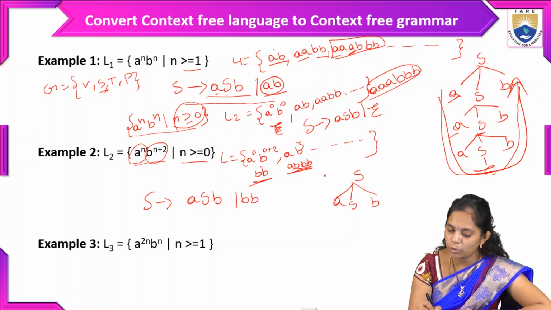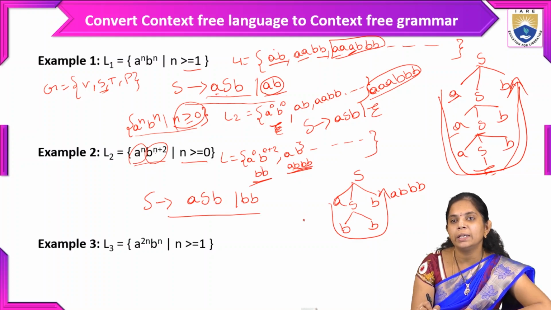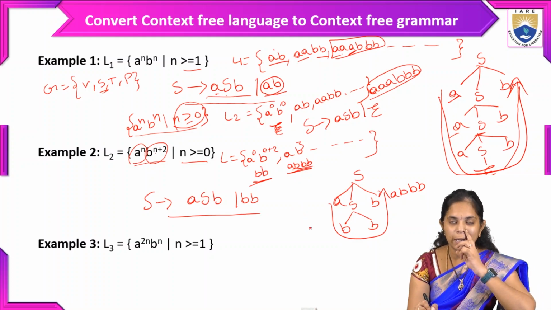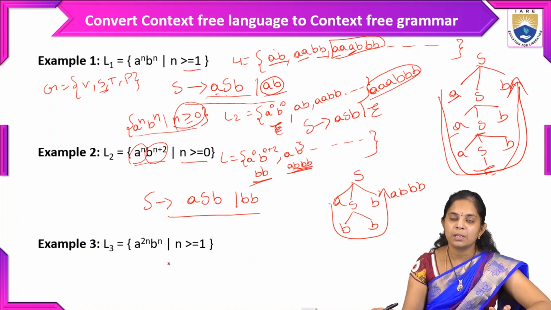To get one more B, S tends to A S B again, and if you write the base case, we will get the string AAABBB. So this is how we are going to write the grammar for the given language, and this is one example.